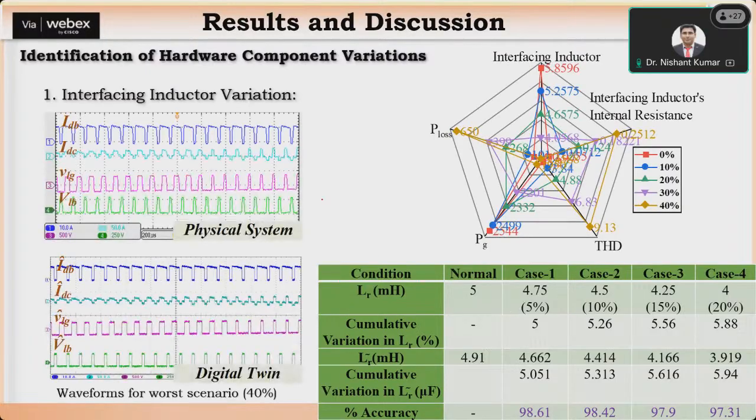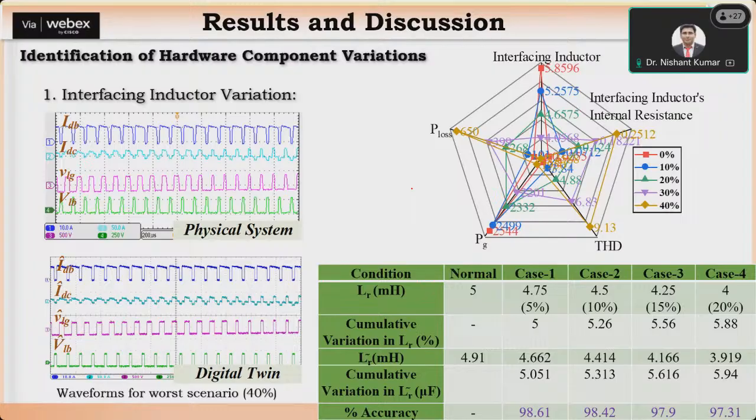this test was performed. So, inductor variations. What we have done is we have taken a tap changing transformer across our interfacing inductor, and during the running condition, intentionally we changed the tap. The target is that our DT should predict that the inductor has changed.